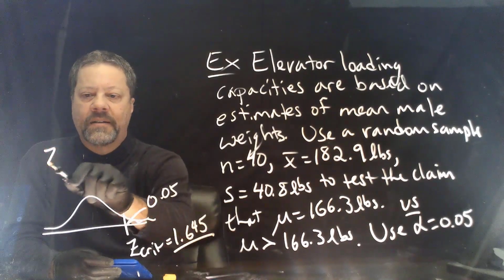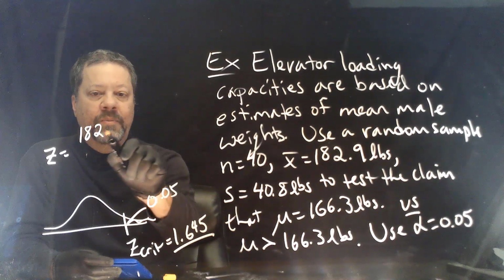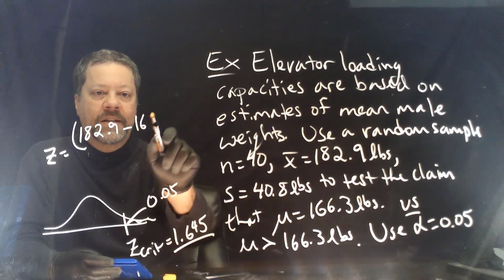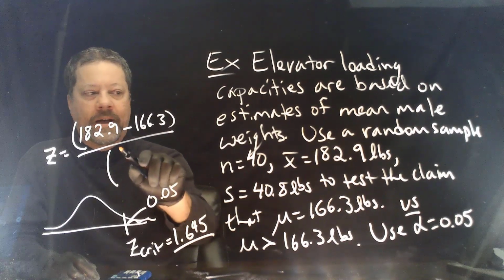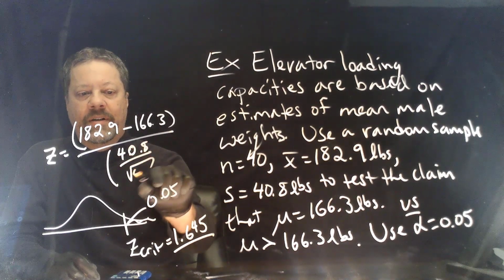Our z-statistic is going to be 182.9 minus 166.3, divided by 40.8 over the square root of 40.